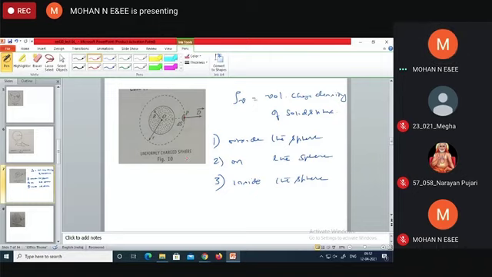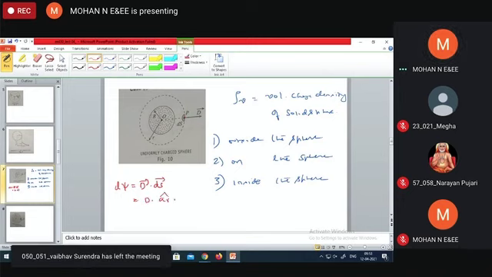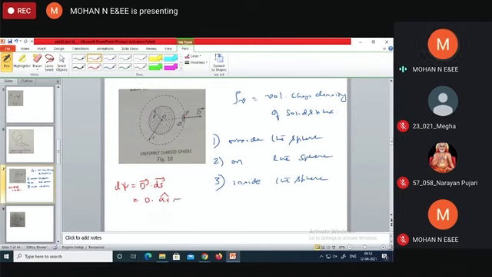If you take an elementary surface ds, then d psi is equal to D vector dot ds vector. This is the fundamentals. So that is equal to D vector, which is perpendicular to the surface area, that is radially outwards, so D a_r cap.